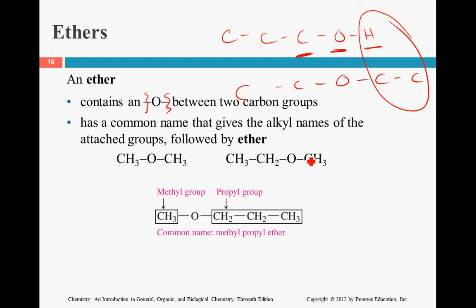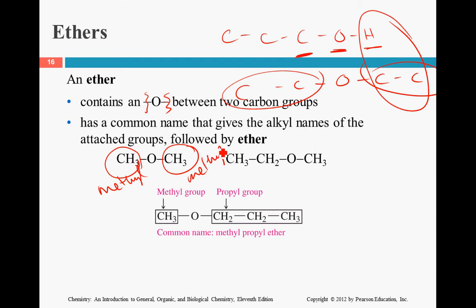To name these, you name as if both sides were individual substituents. So for this one, we have a CH3 here. We know that's a methyl group. And a CH3 here. We know that's a methyl group. So it is dimethyl, because there's 2 of them, ether.